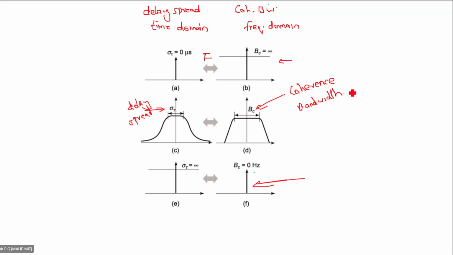The idea behind explaining all this is that by using these parameters, delay spread and coherence bandwidth, you can model multipath. If you have the value of delay spread, you can understand the value of coherence bandwidth. Similarly, if you know the coherence bandwidth, then you can identify the delay spread, because they are inversely proportional.